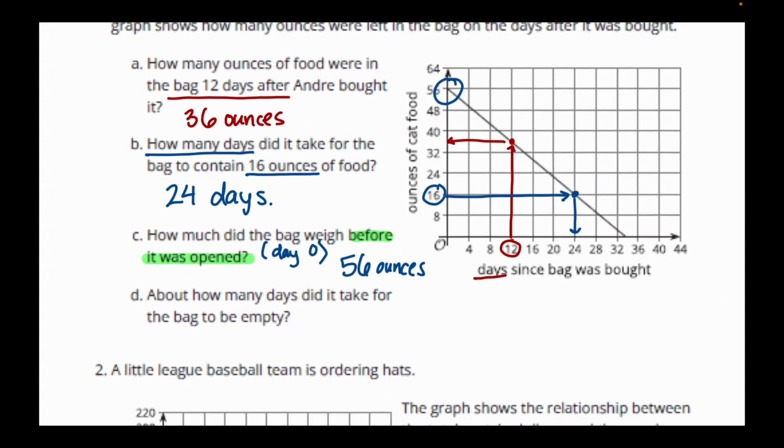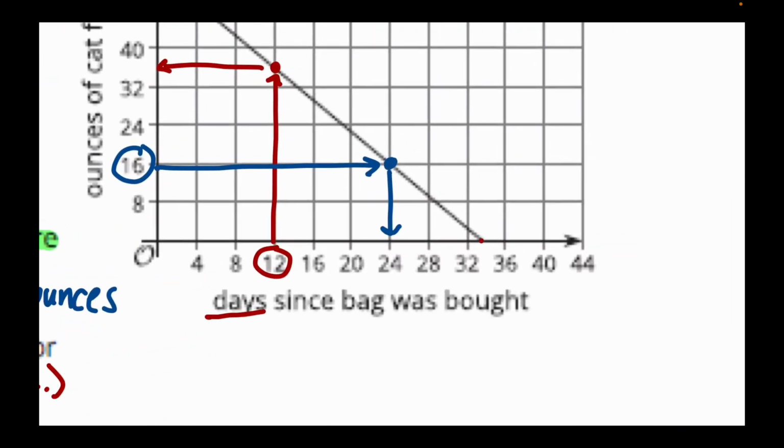And then question D says, how many days did it take for the bag to be empty? So the bag to be empty means we're looking for 0 ounces, and ounces is abbreviated OZ. I'm not going to write the whole word out. And that looks like it is right here. So this is partway in between 32 and 36.